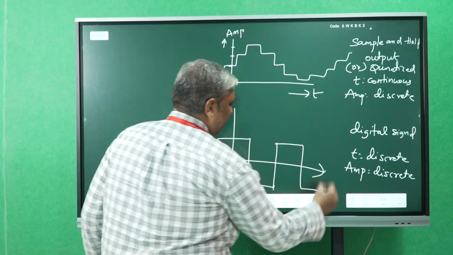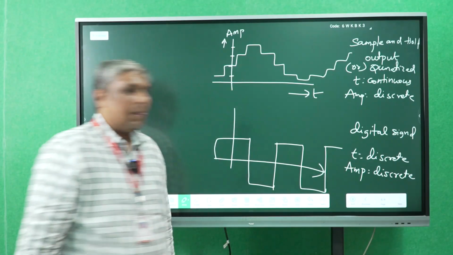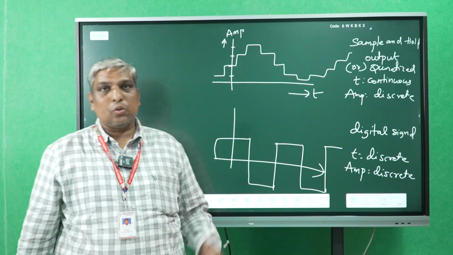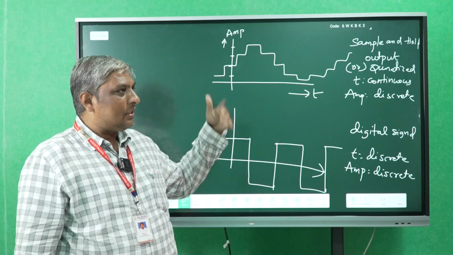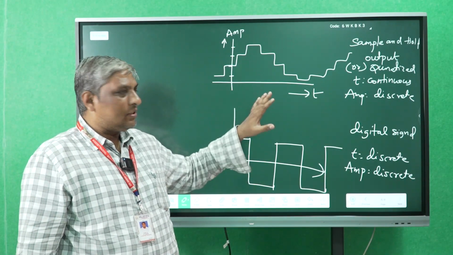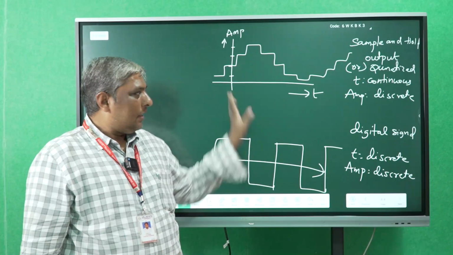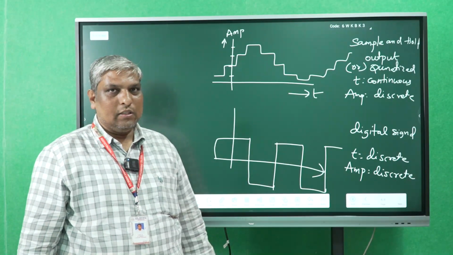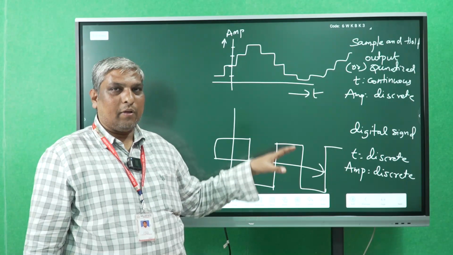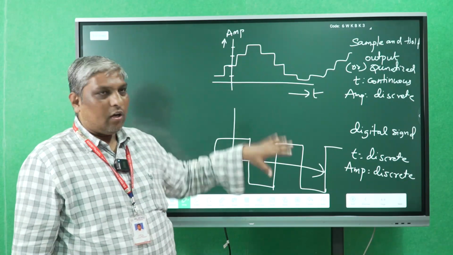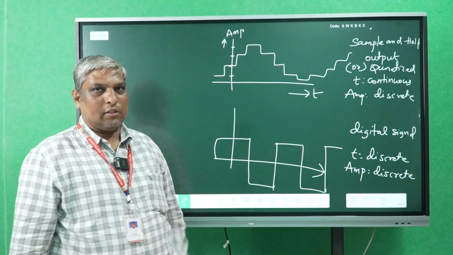So discretization is performed both in the time axis and in the amplitude axis. This is the major difference you can observe between analog and digital signals, based on whether discretization is carried out via the time axis or the amplitude axis.